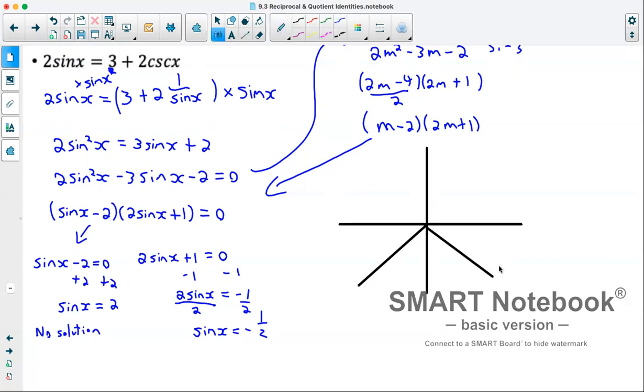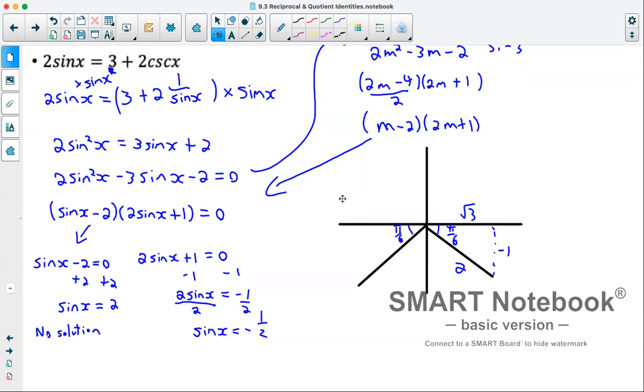Now, sine is opposite over hypotenuse, so we know this is -1, this is 2. We should recognize this as a special triangle, so this is √3, which means this is pi/6. Which also means this one's pi/6 as well.